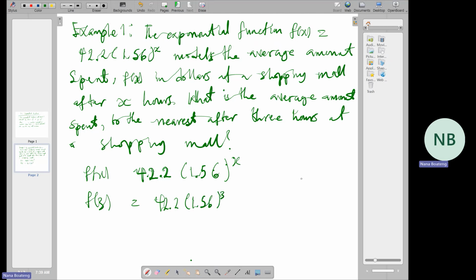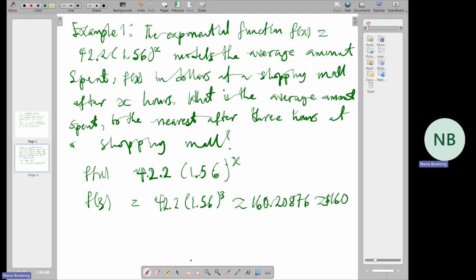If we evaluate this on a calculator, this should be approximately 160.2876. So this is approximately $160. The amount spent after 3 hours is about $160.